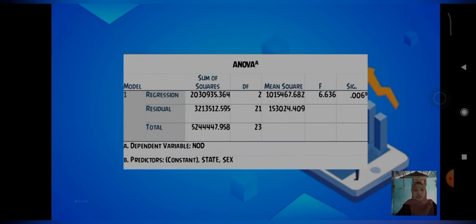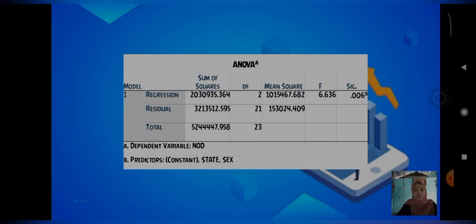Number 3, we find ANOVA. The ANOVA table tests the acceptance of the model from a statistical perspective. The regression line displays information about the variations accounted for by the model. The residual row displays information about variations that are not taken into account by the model.